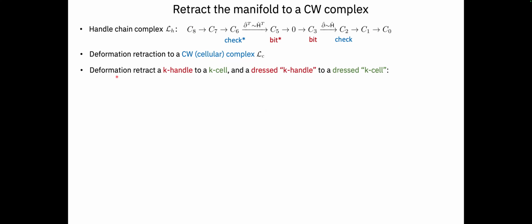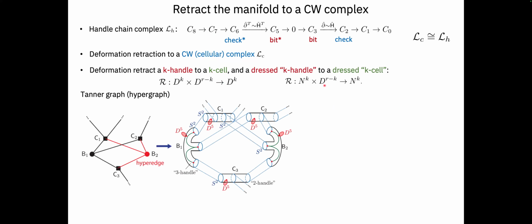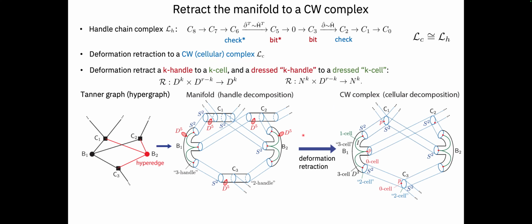But geometrically, you retract a K handle to a K dimensional cell. In our case, the dressed K handle will be some dressed K cell. In this form, you just retract its co-core to a single point. So that's the overall strategy: we start from the Tanner graph, go to the manifold, and then we deformation retract.